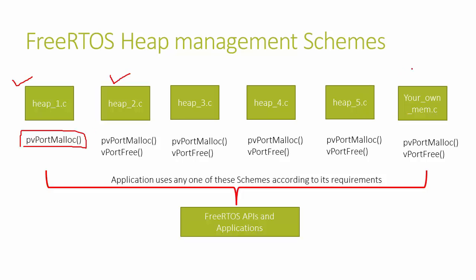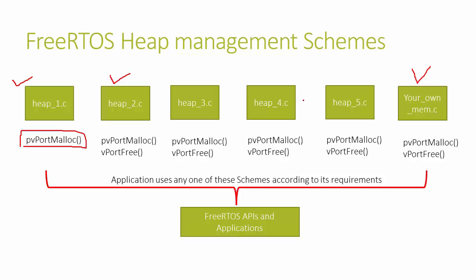Or you can even implement your own heap management implementation to malloc and free the memory. We will discuss all these different implementations later in this course, because this is just an overview lecture. Each implementation will have at least 2 APIs: one to allocate the memory and another to free the memory.